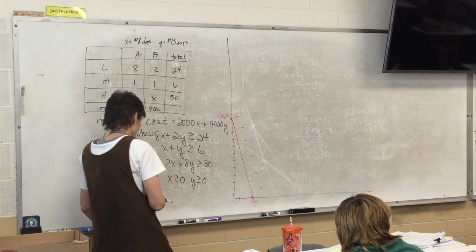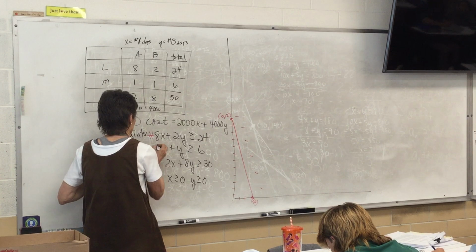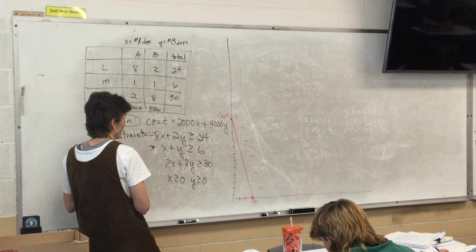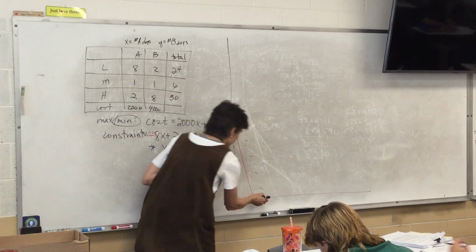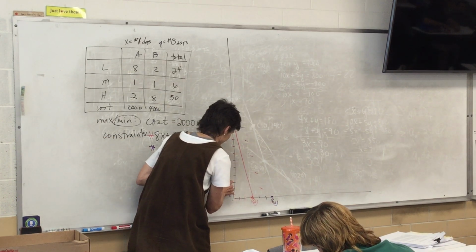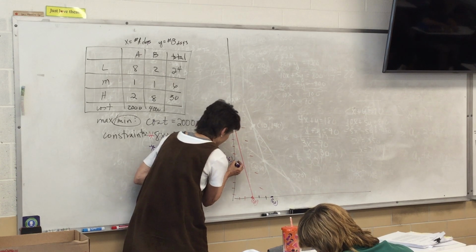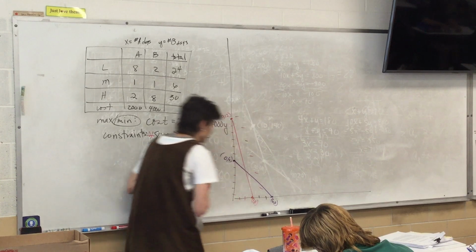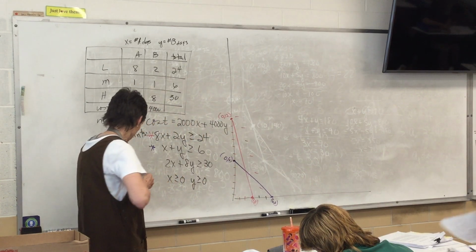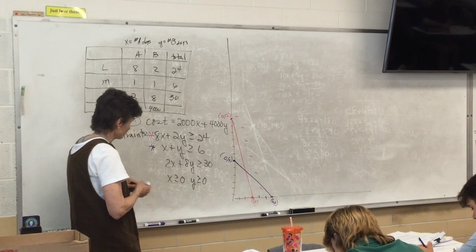All right. Now we'll do a purple equation. What are my intercepts for my purple equation? 6 and 6. Where's that one shaded? Out.